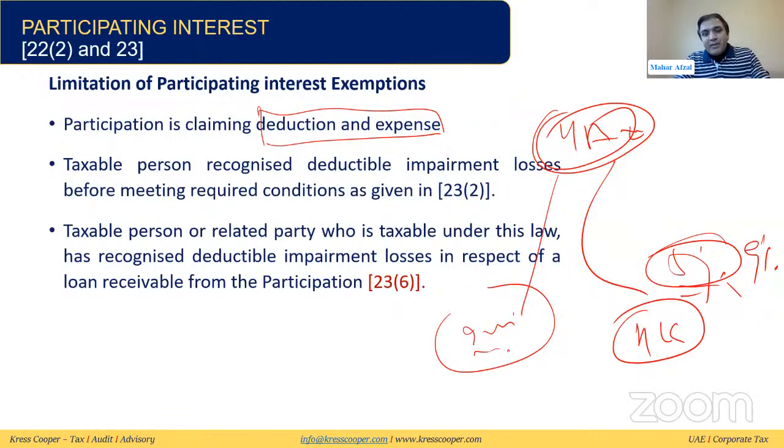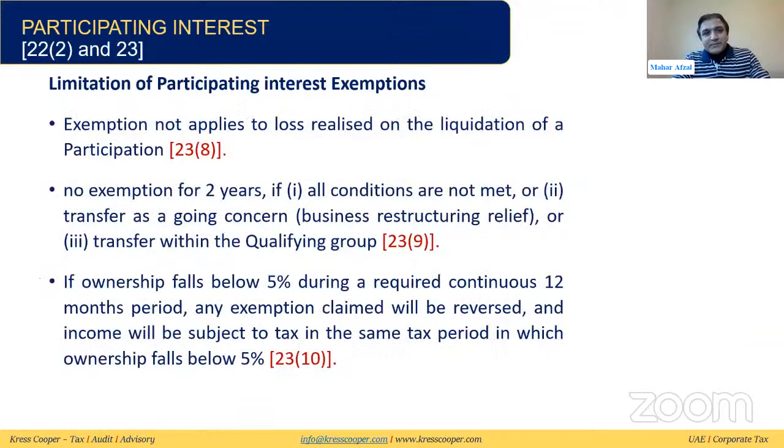If they are deducting the impairment losses, if they are deducting the expenses, or if they have taken a loan from a related party, any loan receivable from the participation, and on this loan they are recognizing deductible impairment losses, then in all these situations, these are the limitations, and the person will not be able to claim any exemptions on the participating interest.